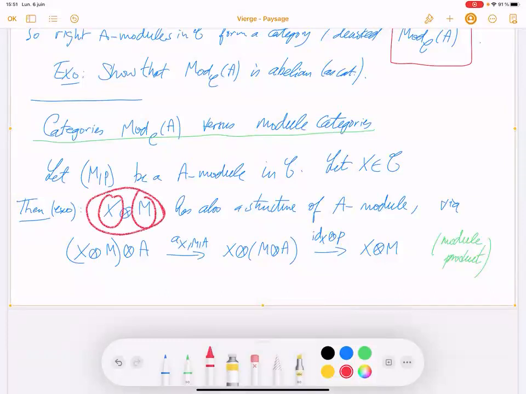So we have a functor from C cross mod-A to mod-A.